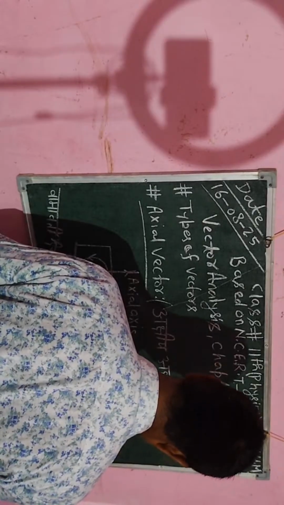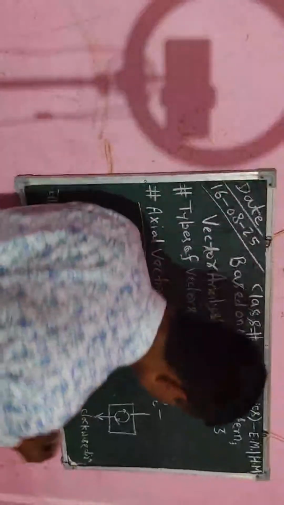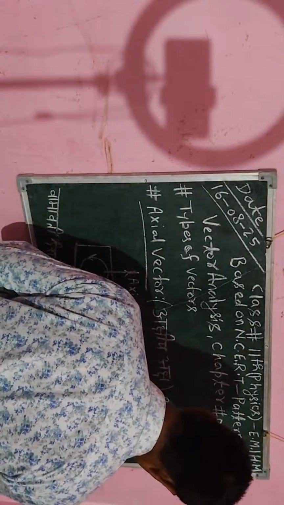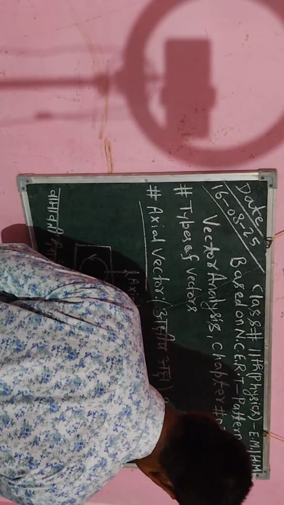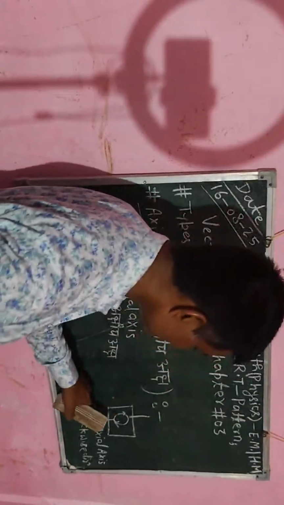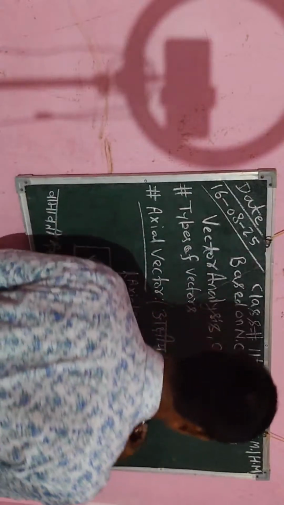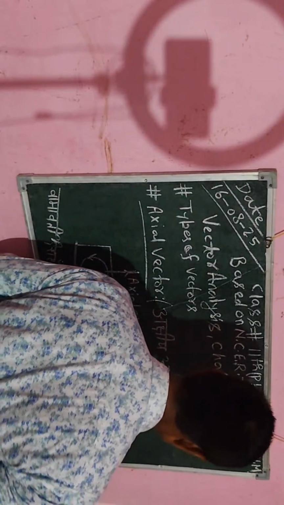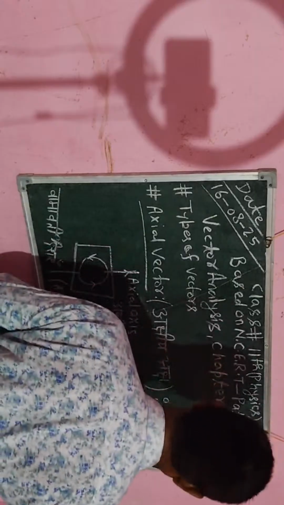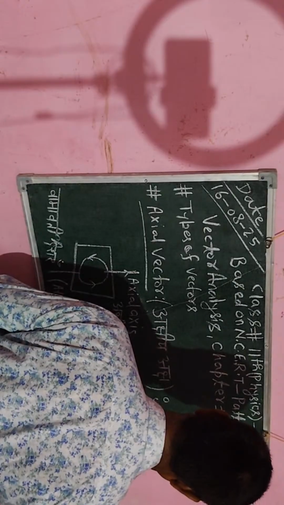So the axial axis will be downward. So here I will write axial axis. The axial axis will be downside. Now here will be the rotation axis.